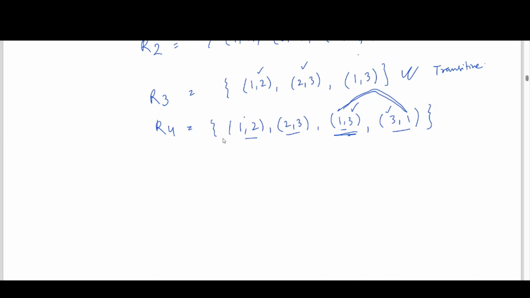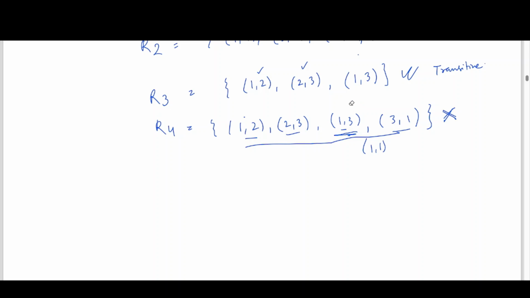For every pair of elements present, if AB and BC are present, then AC should be there. Here AC will be 1 1, so it should also be present in this relation. But since it is not present, we can say that this relation is not transitive. We have to see every pair of elements, every ordered pair, we have to check.